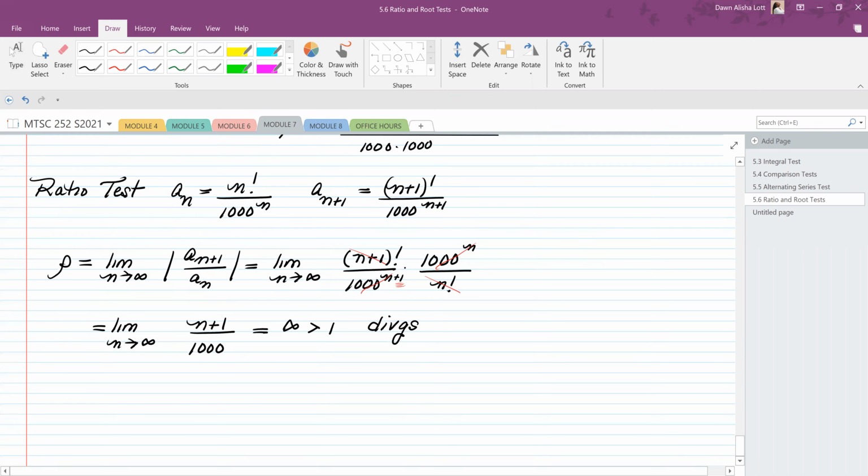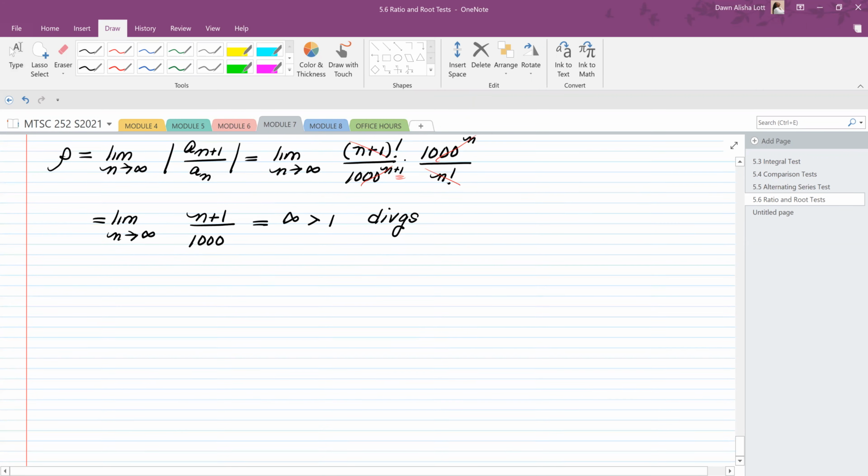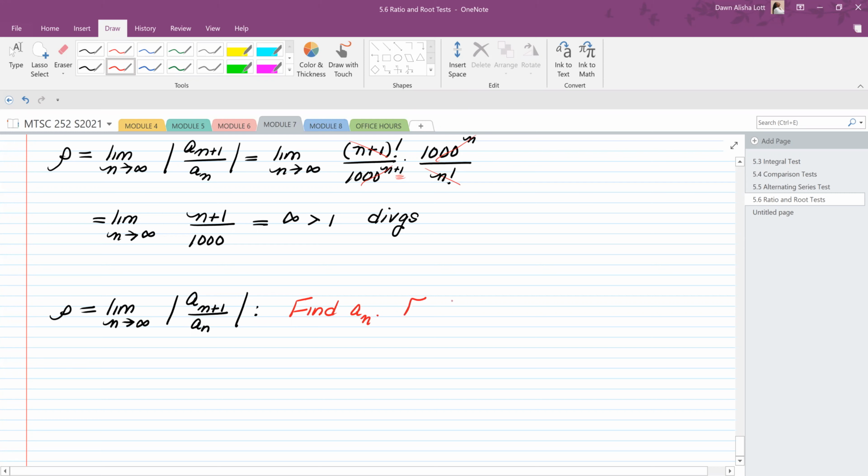So first, the ratio test says I need to compute rho, the limit as n approaches infinity of the absolute value of a_(n+1) over a_n. So I always compute a_n first. I pull out whatever a_n is. Then I find a_(n+1).